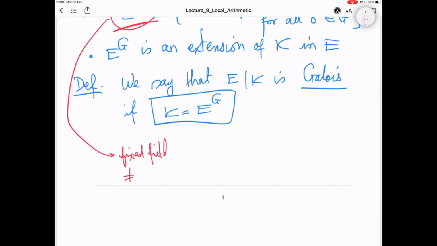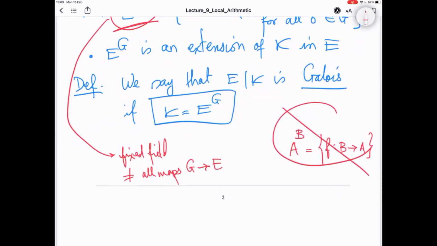This is not the set of all maps from G to E. Of course, when you write A to the power B, usually it's the set of all maps from B to A, right? That's not the notation which is being used here.